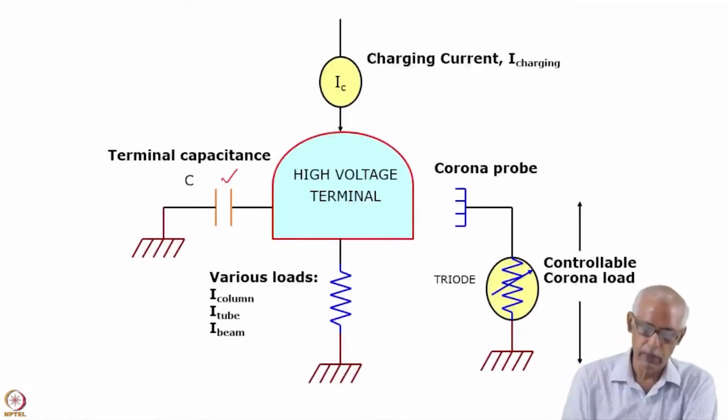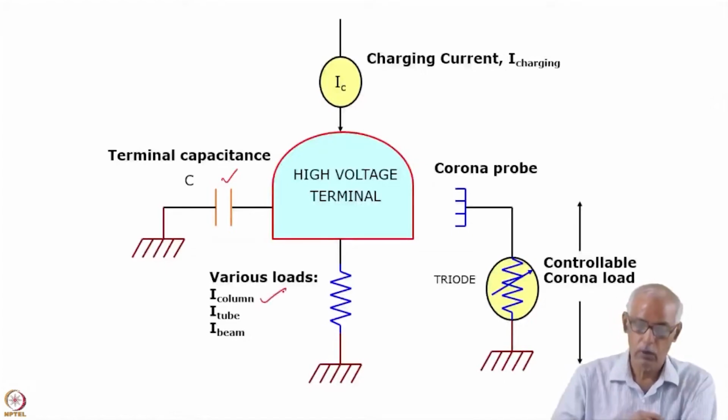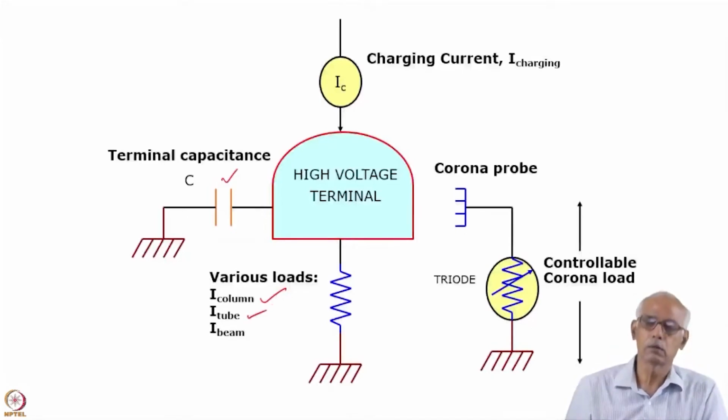But what are the other loads which the charging current has to match? You can see various loads: there is a corona, there is a column current which is responsible for the voltage gradient. Then after charging, there will be some leakages in the accelerating tubes, and always some current will flow through that.